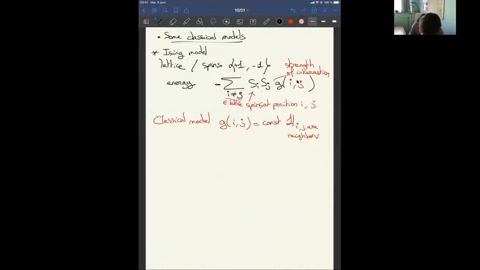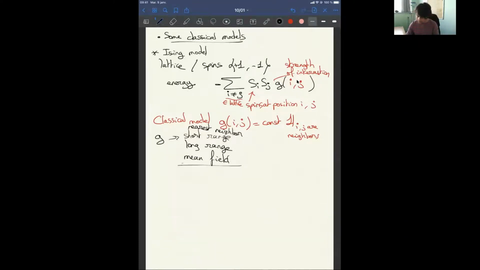So you can also take J to be short range or long range. The classical situation is nearest neighbor, but it can be short range, long range. It can be mean field, which means that everyone interacts with everyone with the same strength. So typically you work in a big box, so you have a finite system, and everyone interacts with everyone with the same strength.